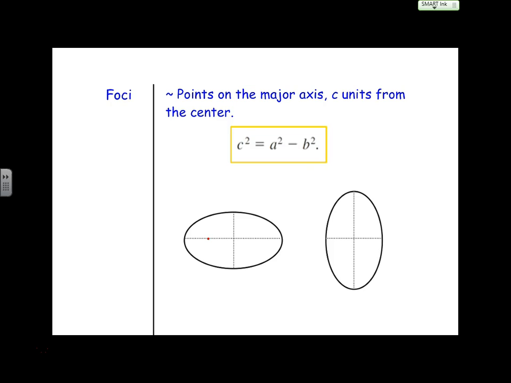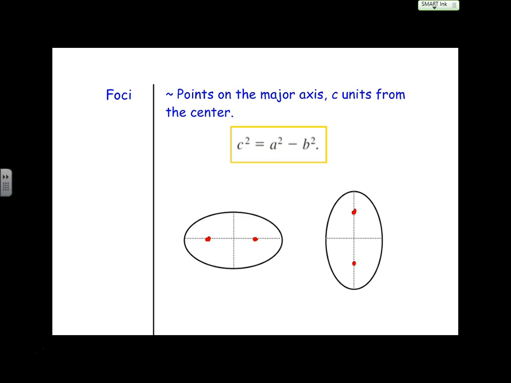So there are going to be two foci, one to the left, one to the right, if the major axis is horizontal. And similarly, if the major axis is vertical, the foci are going to be equidistant from the center again, along the major axis again. Hence, for the second one, they'd be along the vertical.